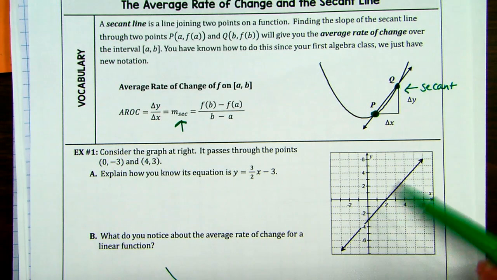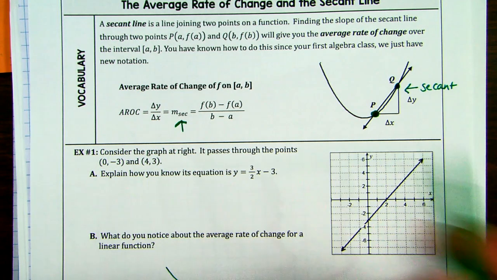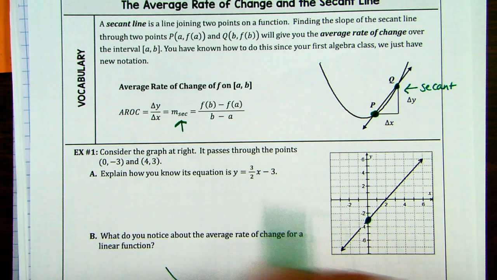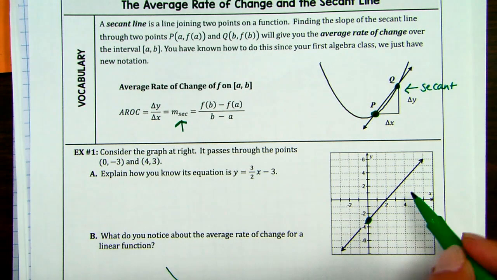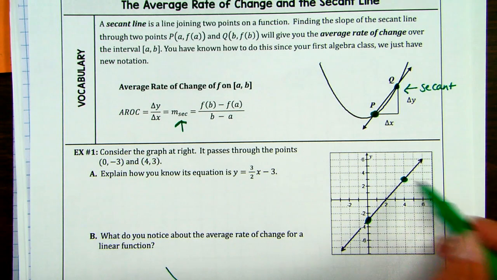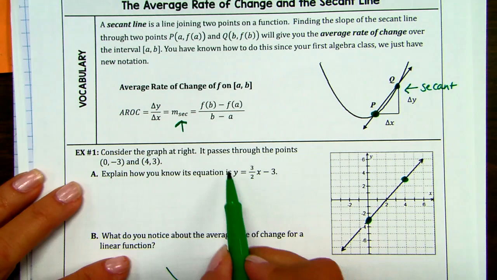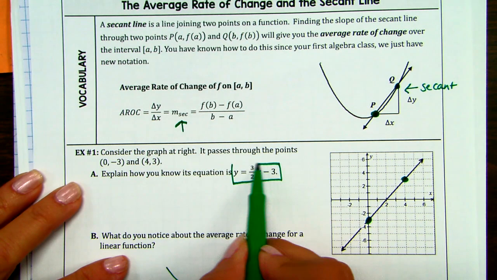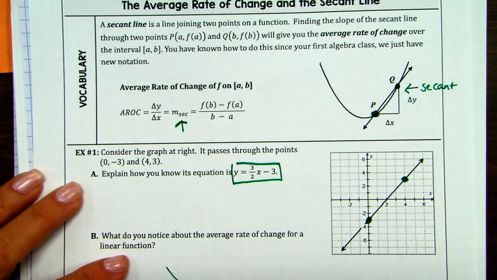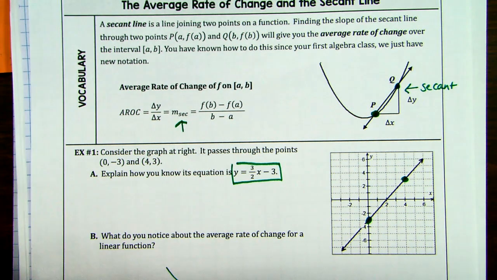Consider the graph at the right. It passes through these 2 points, (0, -3) and (4, 3). Okay? Those are the 2 points the graph passes through. Now the question is, explain how we know that the equation of that line is this. Okay, well maybe we don't know, but let's talk about it.